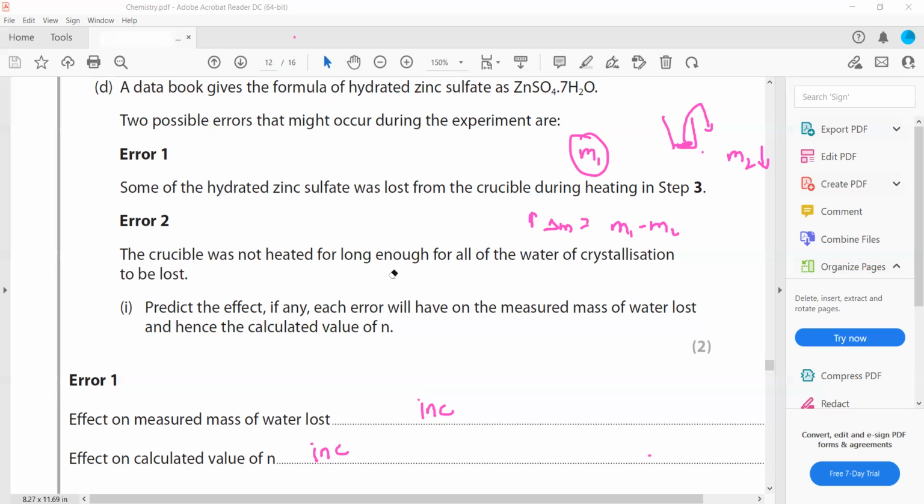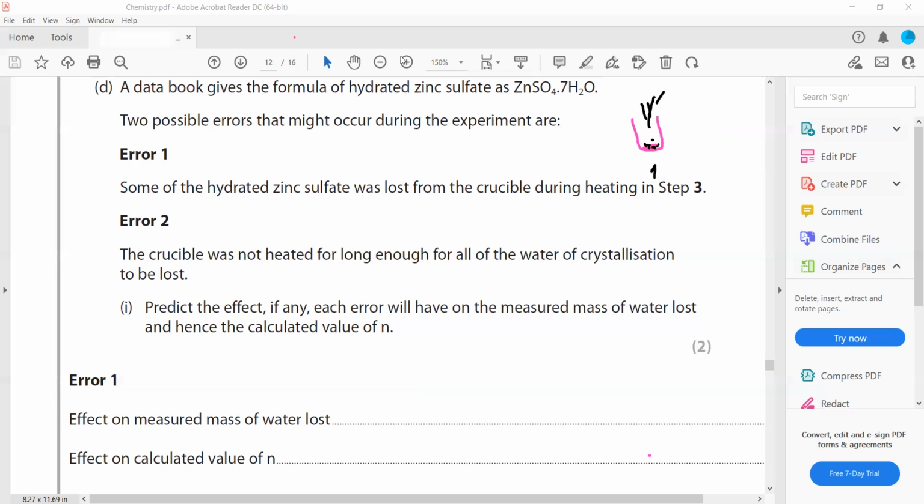Then the crucible is not heated long enough. If the crucible is not heated long enough, it will not lose all its water of crystallization. So M2 will be higher, and the difference in the mass will be smaller. For example, these black spots are representing the water of crystallization. When we supply heat energy, the water of crystallization is lost.